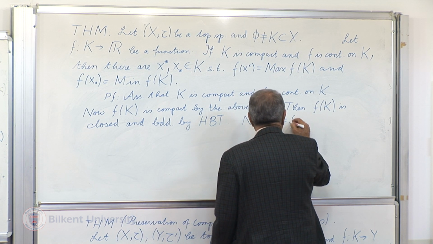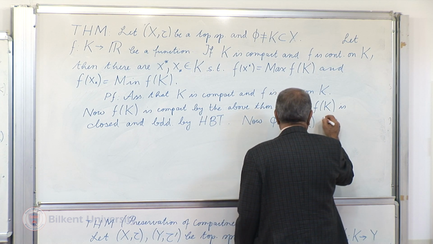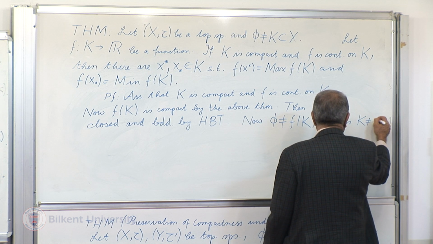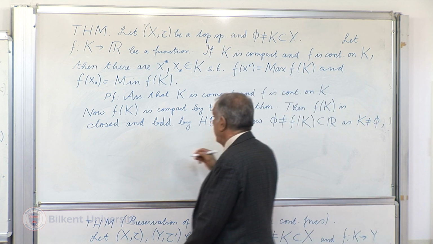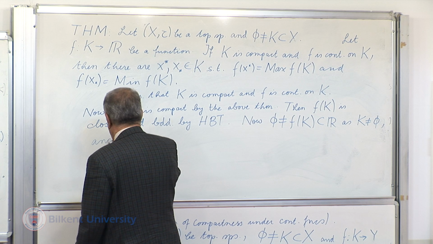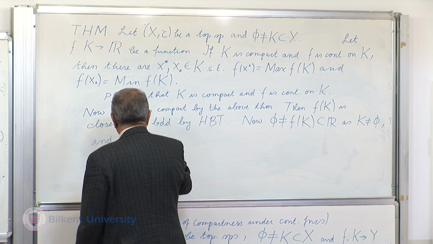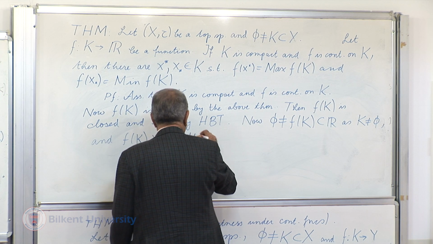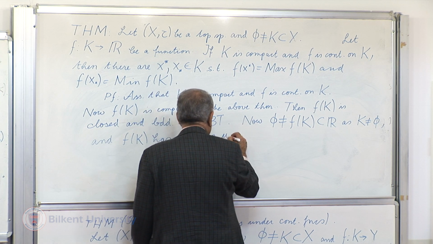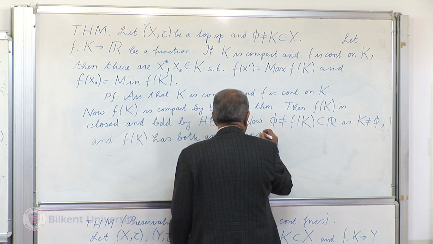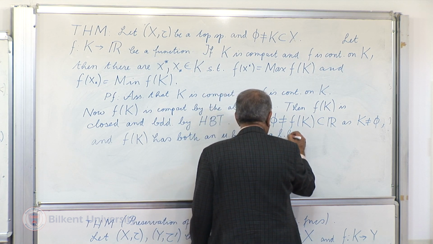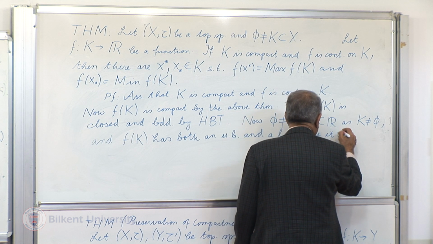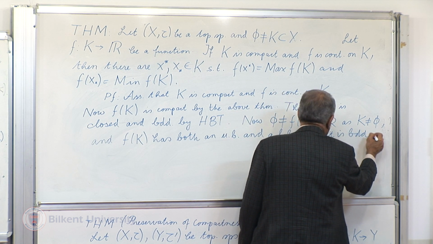F of K is a non-empty subset of R, as K is non-empty, and F of K has both an upper bound and a lower bound, since it is bounded with respect to the usual metric.